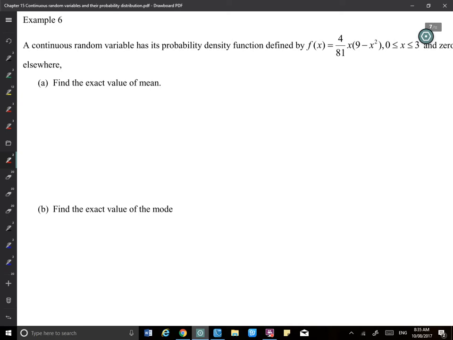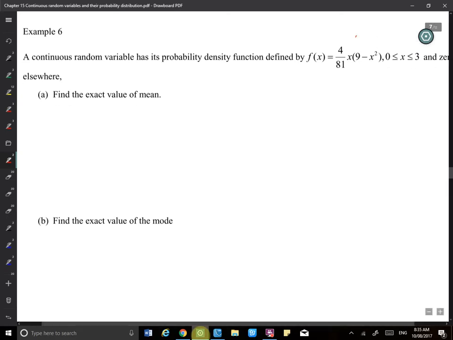A cubic. If it's a cubic, I can sketch it, factorize that as x times (3 plus x) times (3 minus x). So what I will have is a graph.